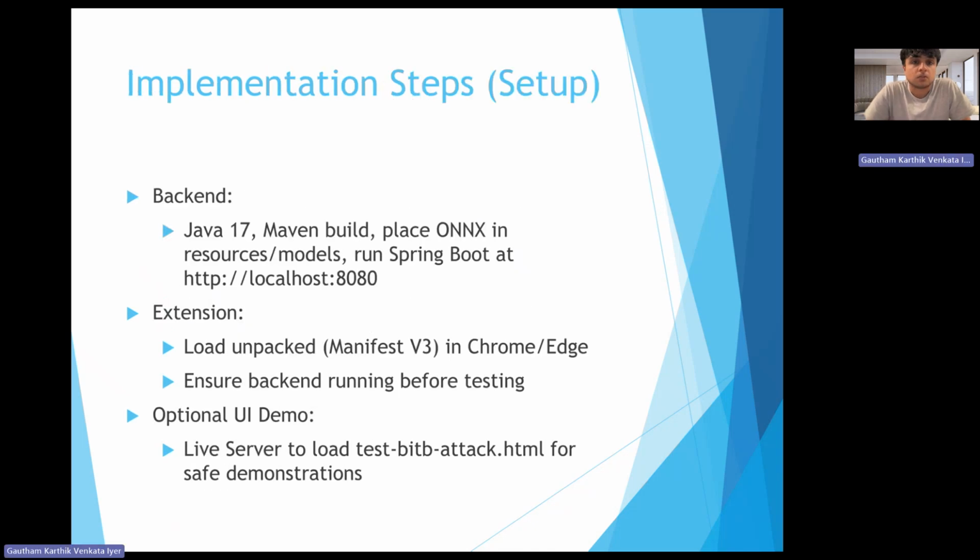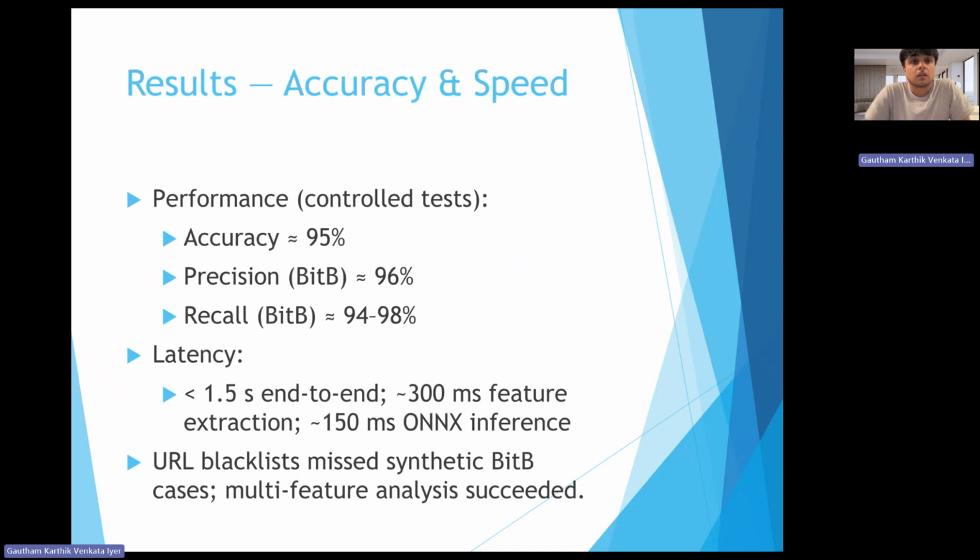Coming on to the implementation steps, I'll discuss these further in detail during the live demonstration, along with some of the performance results. There will be 95% accuracy and 96% precision in the BITB detection, and a latency of less than 1.5 seconds.